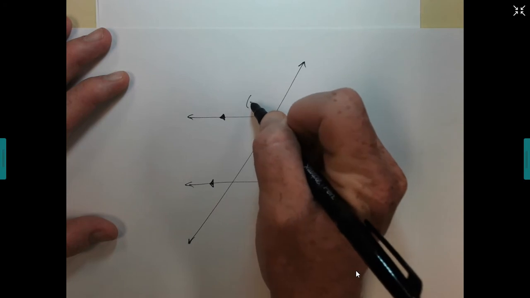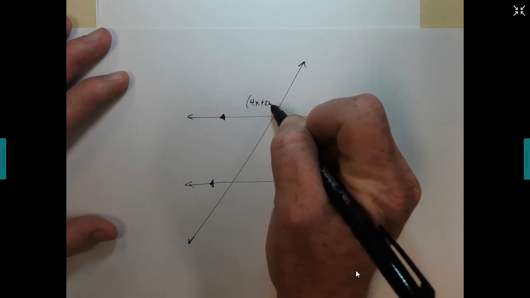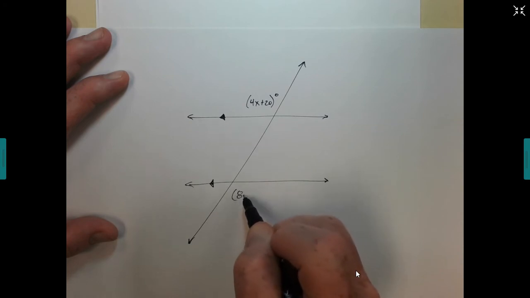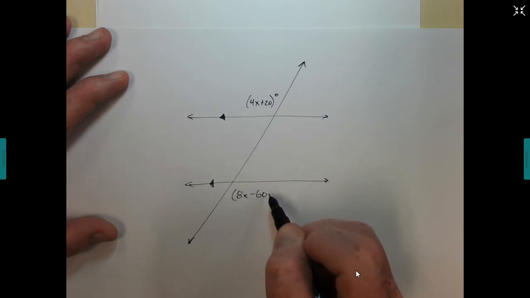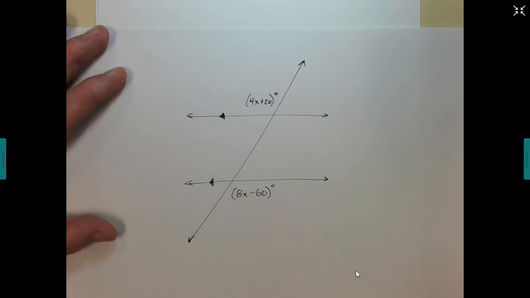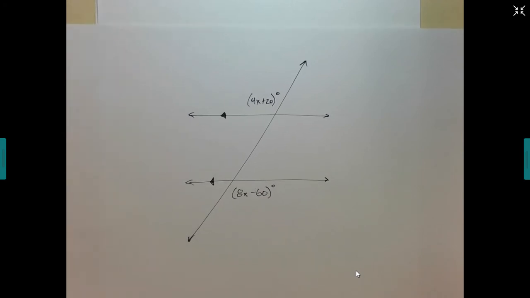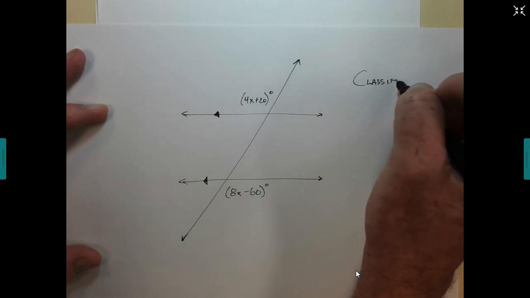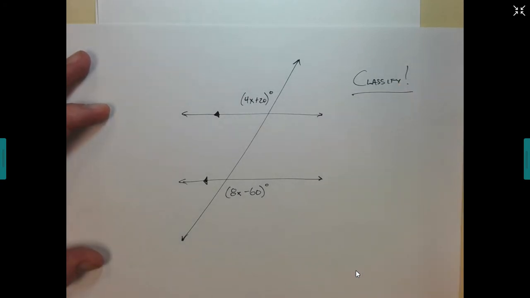If I knew that this angle was 4x plus 20 degrees and this angle was 8x minus 60 degrees, we would want to know about this relationship. The good news is everything that we looked at before, every situation, these angles are either the same or they're supplementary. So my recommendation, if you want to make it easy, is classify the angles first.